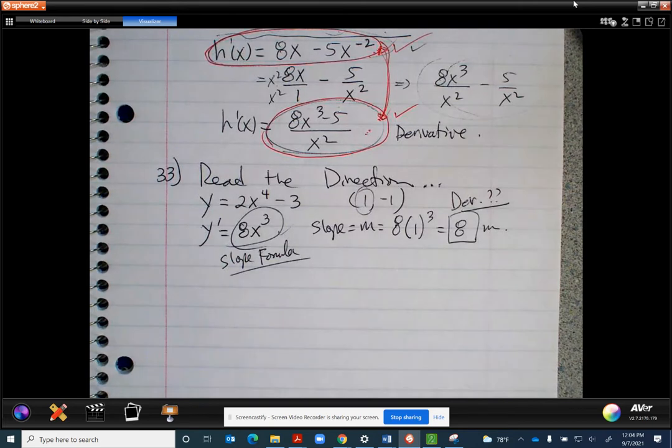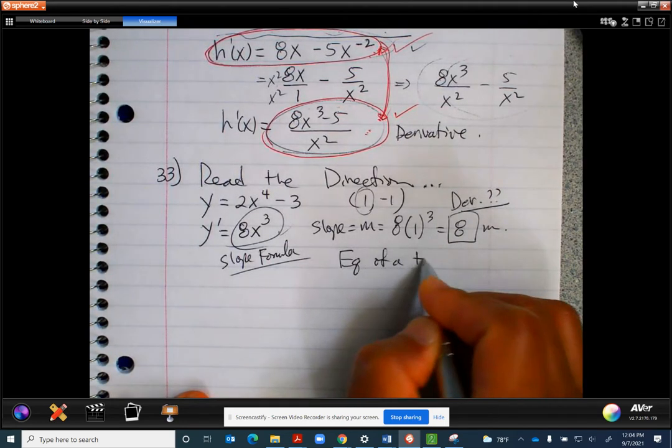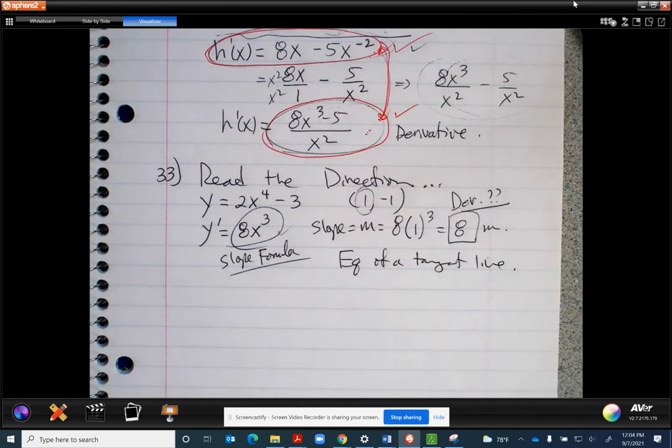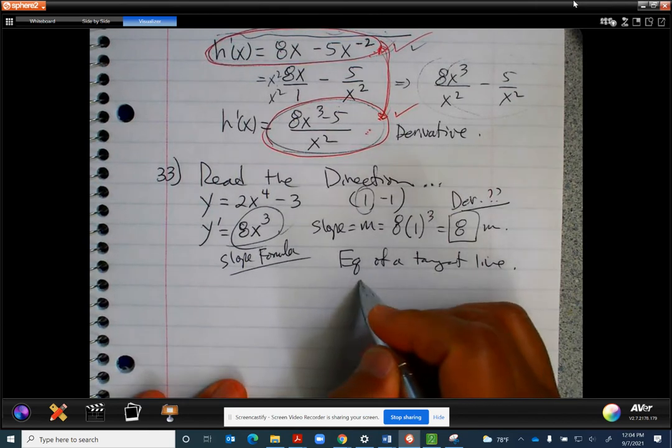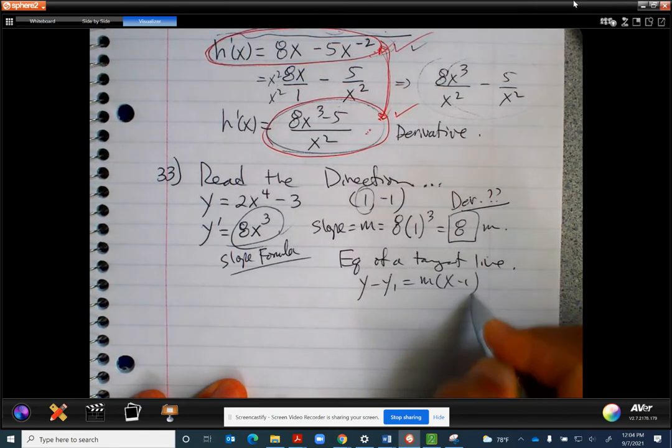Okay, well, that's it for this problem. But what if I ask you an additional question? Can you find the equation of a tangent line? How do you find the equation of a tangent line? Do you remember from last week? Which is y minus y1 is equal to m times x minus x1. So help me. What is it?